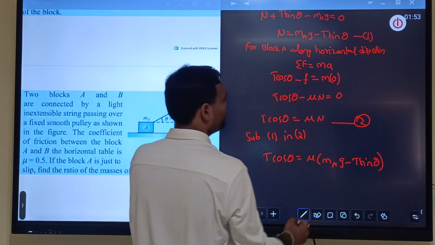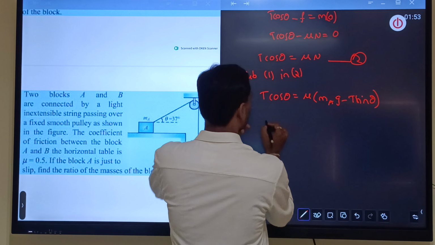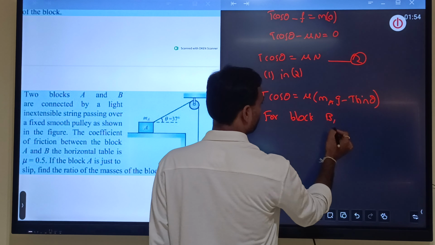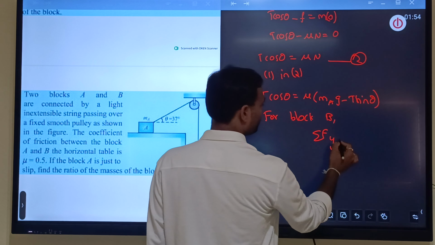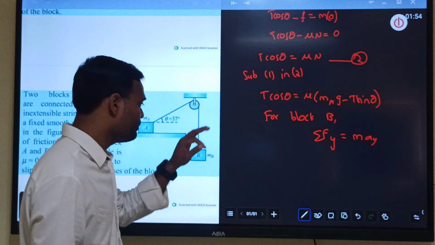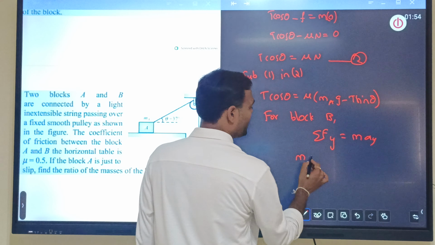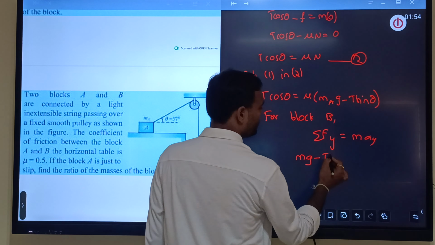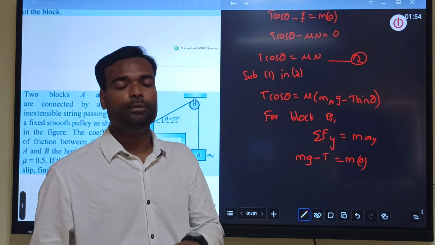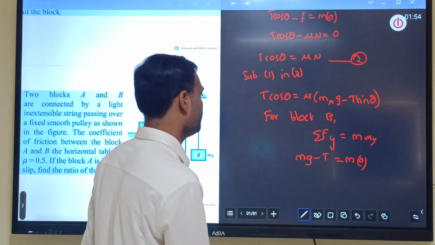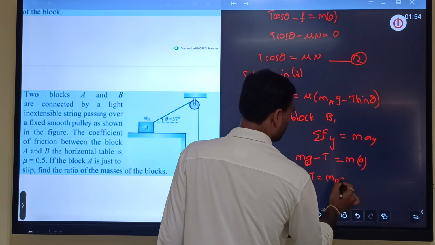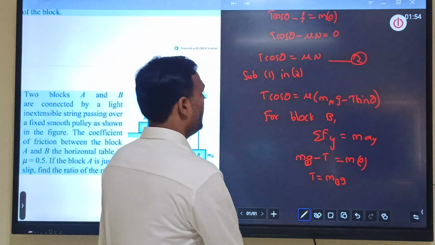For block B, sigma F about the vertical axis is equal to ma, and the block is moving in the downward direction, so mbg minus tension is equal to m times a. It is also about to move, but it is not moving, so I am considering acceleration 0. Then tension is equal to mbg.